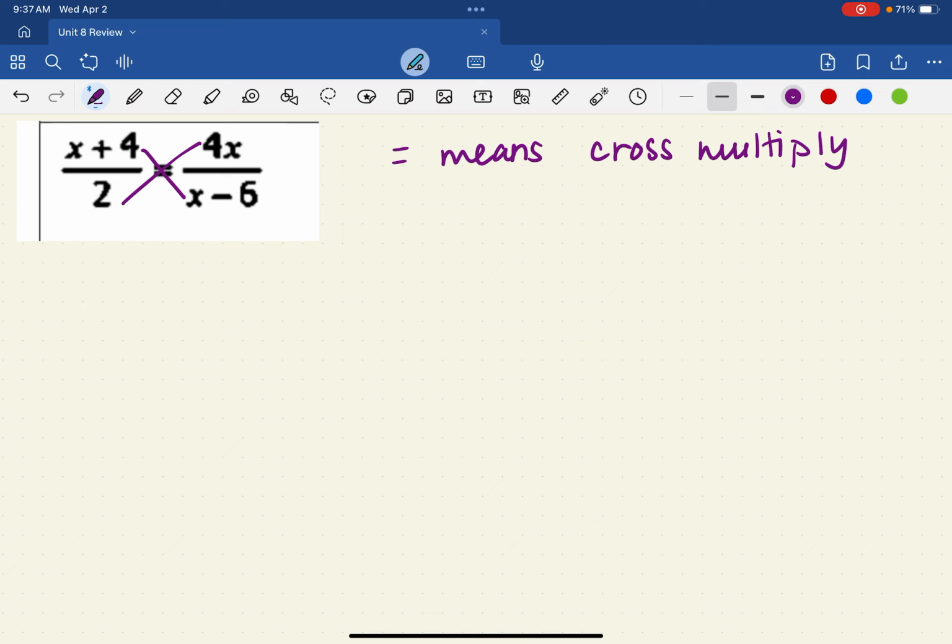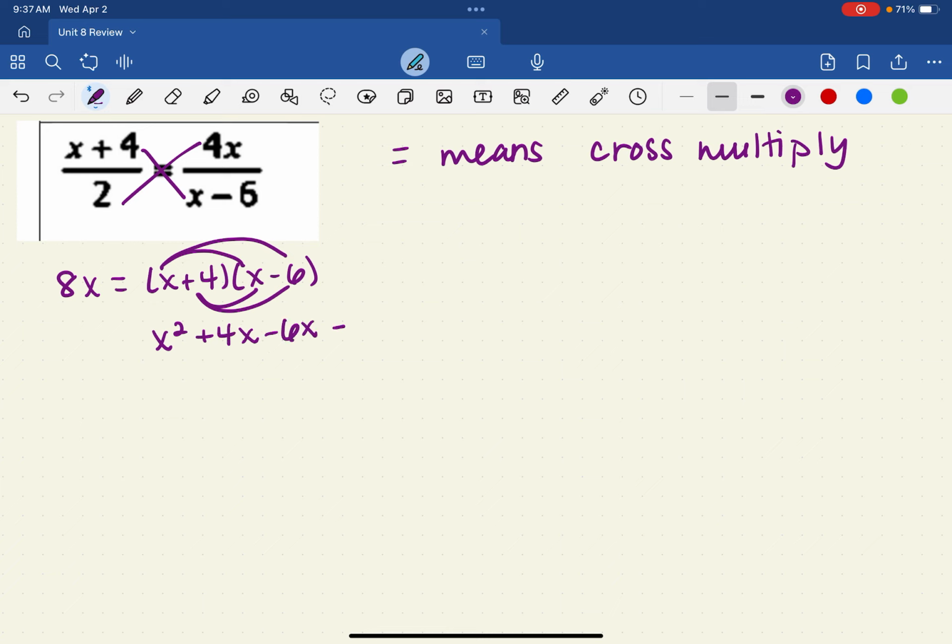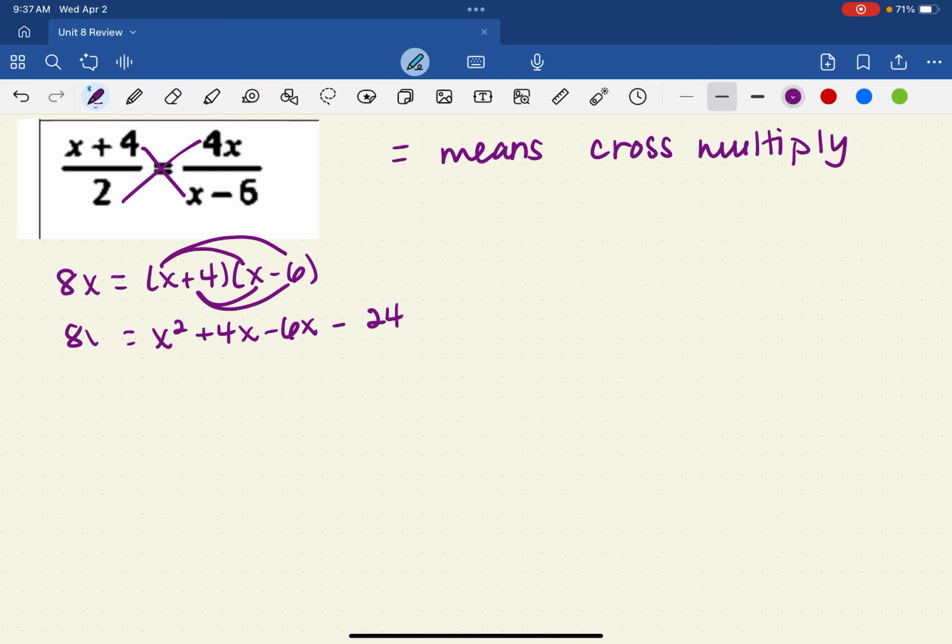So 2 times 4x is 8x. x plus 4 and x minus 6, we're going to actually FOIL. And we end up with x squared plus 4x minus 6x minus 24 equals 8x. Let's go ahead and combine like terms.